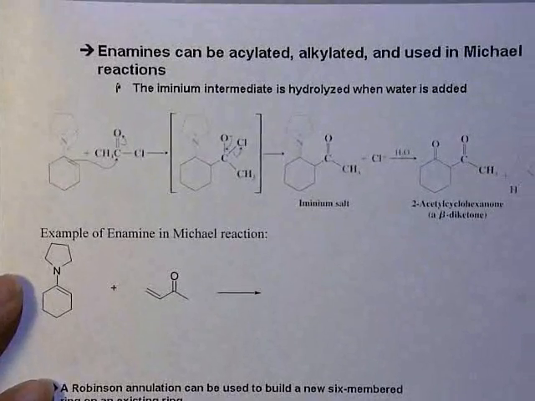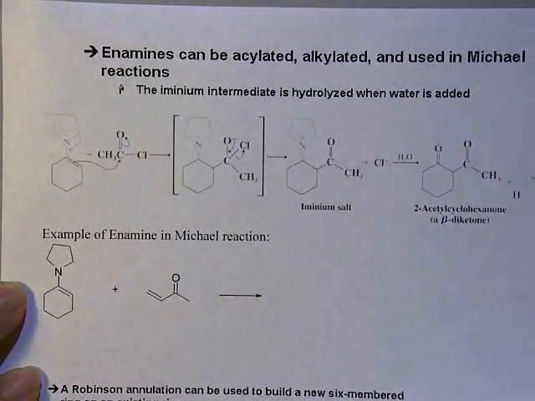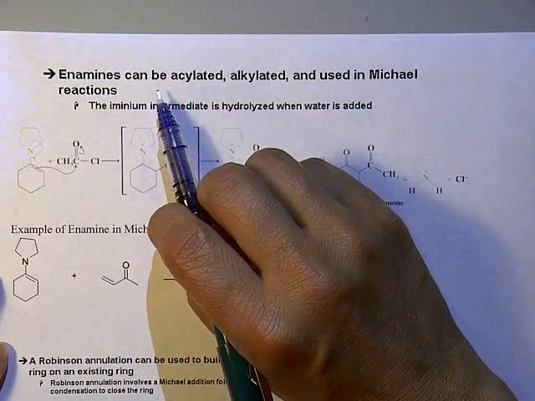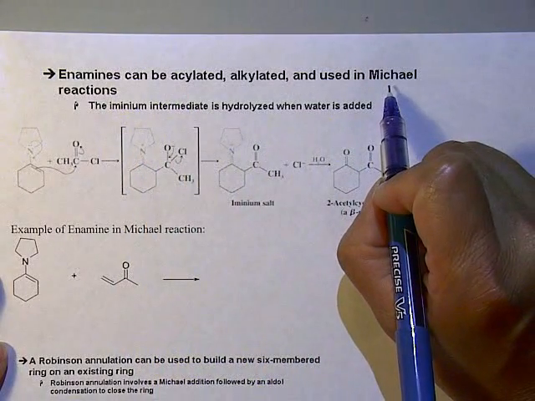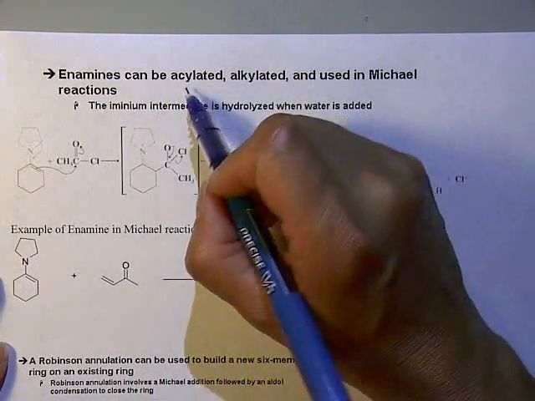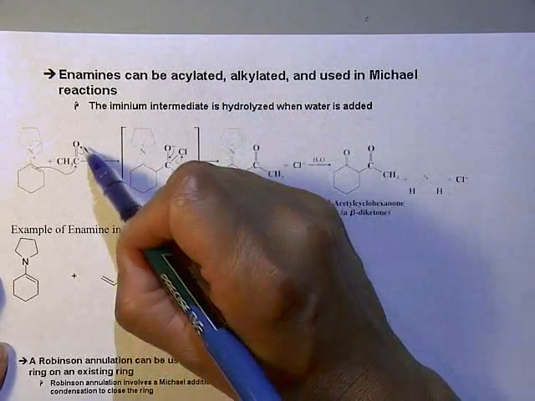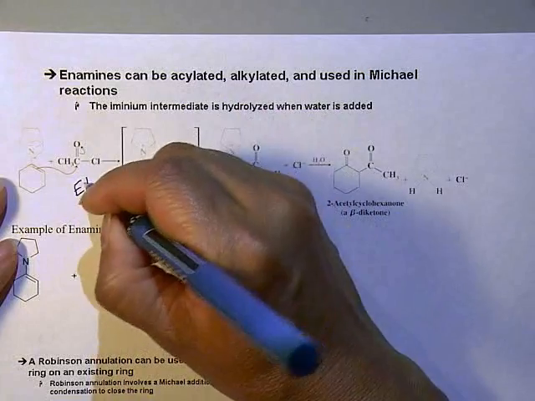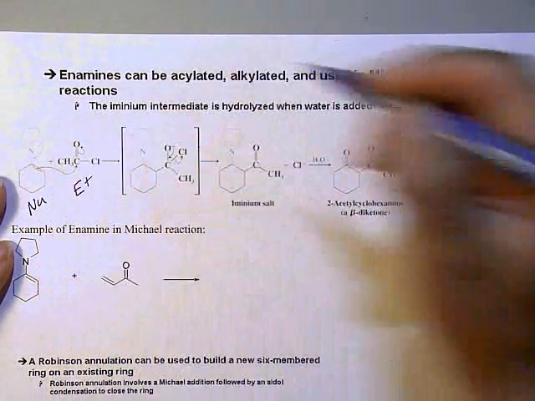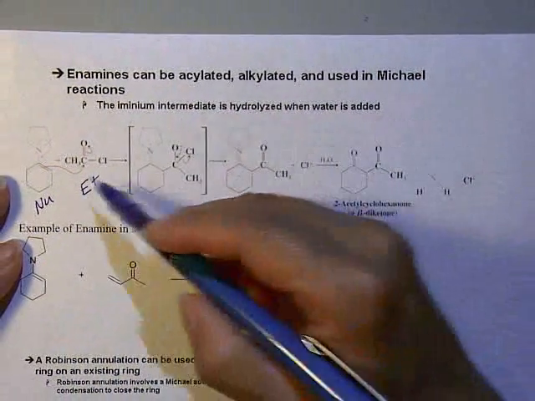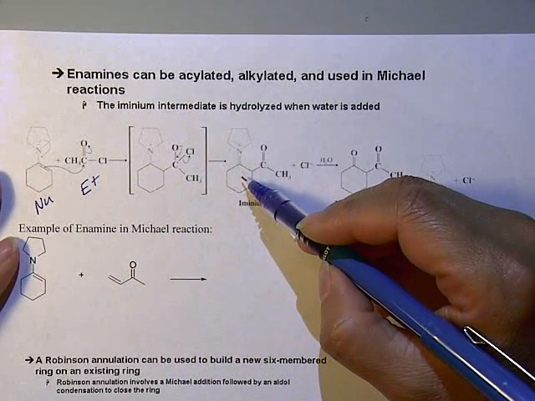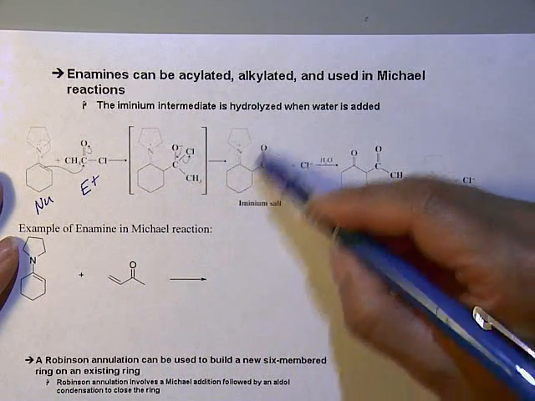And here what is shown is that the enamines can not only be used with Michael acceptors, but they could also be acylated. So here's an example of an acylation with an electrophile. Here the enamine is acting as a nucleophile, and you know where it will react. This should be very easy for you to understand.